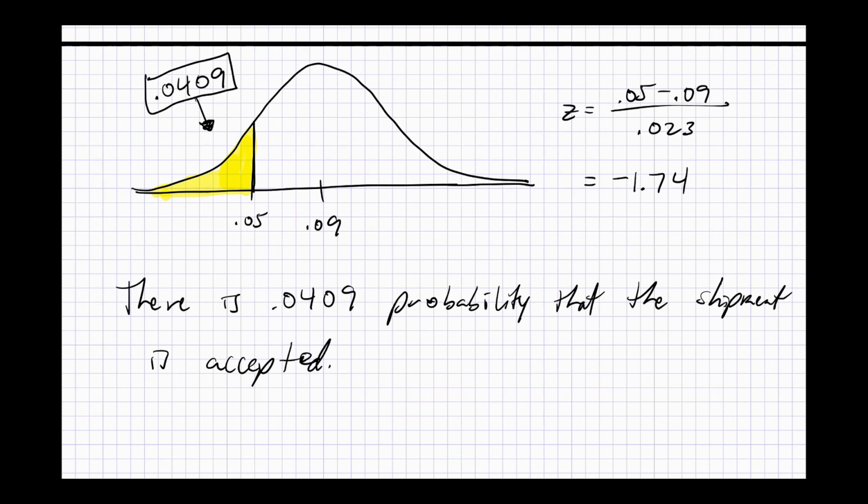Okay. Does that make sense in context of the problem? Yes, it does. You're right. Pretty small chance that it's going to be accepted. Because you link the percentage back to the question. Exactly. So there should be a very small chance that it gets accepted. Because why?